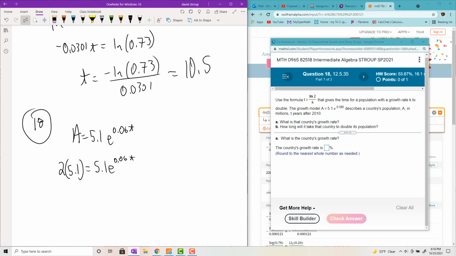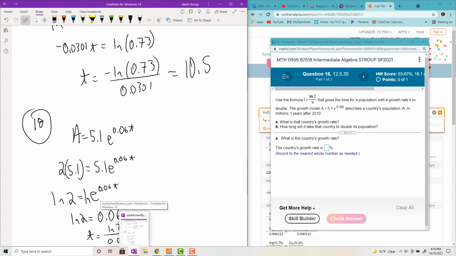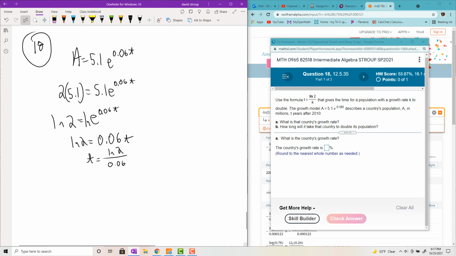First divide by 5.1, so you get 2 equals e to the 0.06 t. Then take ln on both sides, and you get ln of 2 equals 0.06 t. Dividing by 0.06, you get ln of 2 all over 0.06. So if you look at the formula they give you, that's the formula, ln of 2 over that thing.